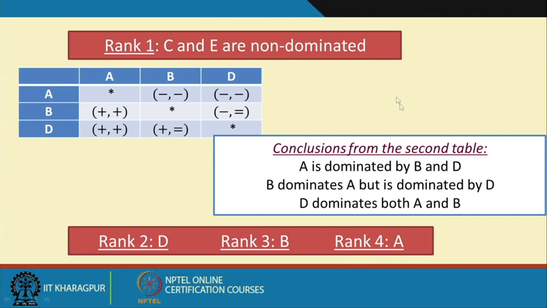I would say that C and E are Pareto optimal solutions, we will say that C and E are non-dominated solutions. We say Pareto optimal solution, non-dominated solution, efficient solution, these are all used interchangeably, because the non-dominance concept the mathematicians like very much, because all the time we are talking about dominance, total ordering, partial ordering.